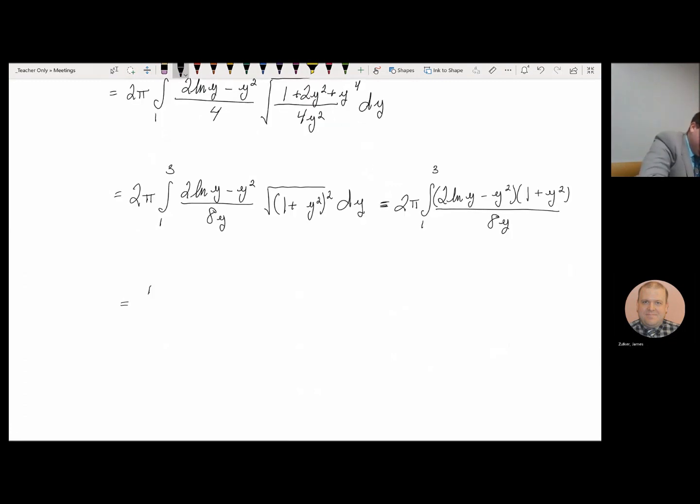Factor out that 1/8. Distribute the numerator through, we get 2 log y plus 2y squared log of y minus y squared minus y to the 4th, all that over y.